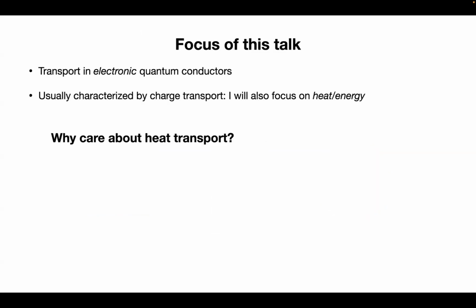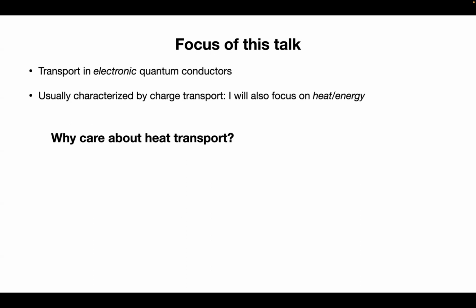So the focus of my talk is going to be about electronic transport in quantum conductors. You can imagine that you have a mesoscopic conductor and you have some electrons, for example, in your conduction band, and these electrons are kind of free to move around, and they will be connected at some point to some reservoirs where you can define a temperature or a chemical potential.